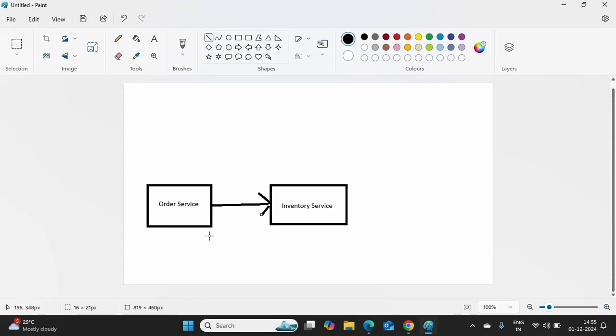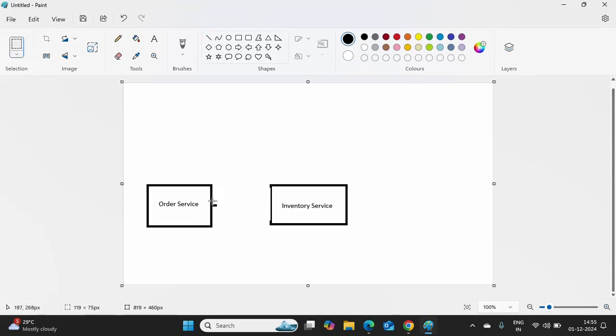If we use this way, we hard code the IP address and port in the order service, but we are not going to follow that pattern. We are going to make this configuration information dynamic. That means whenever the order service wants to interact with the inventory service, it does not interact with the inventory service directly first. It interacts with the service registry and gets the information of the inventory service.